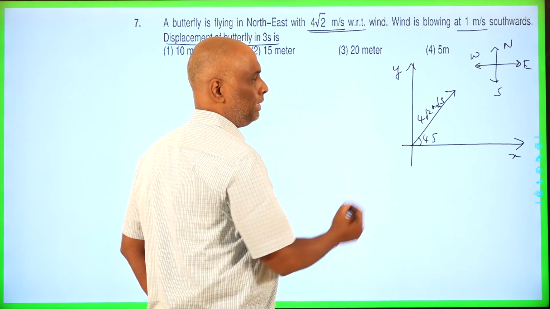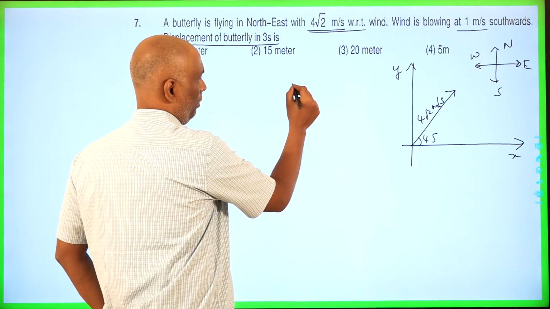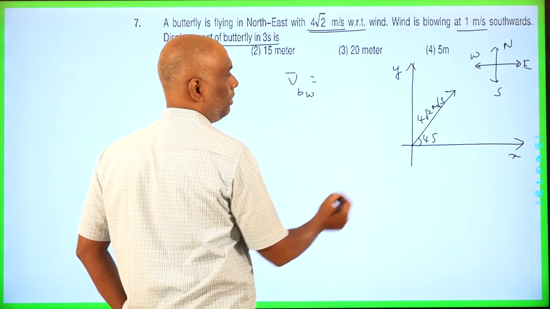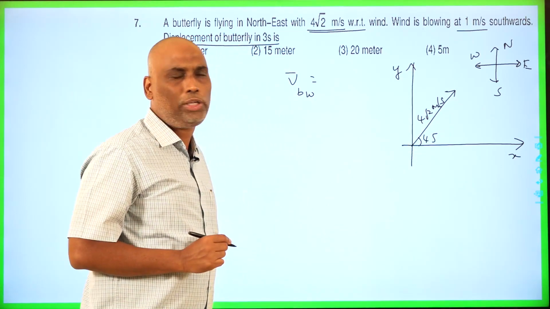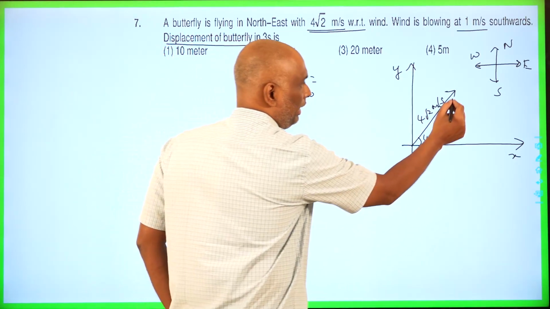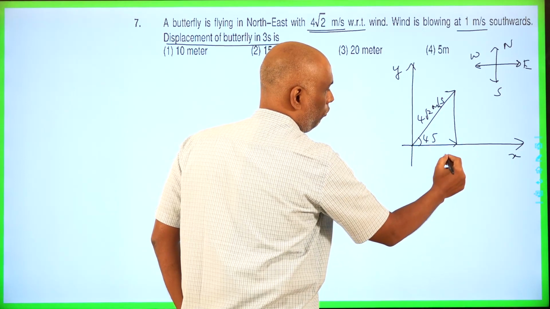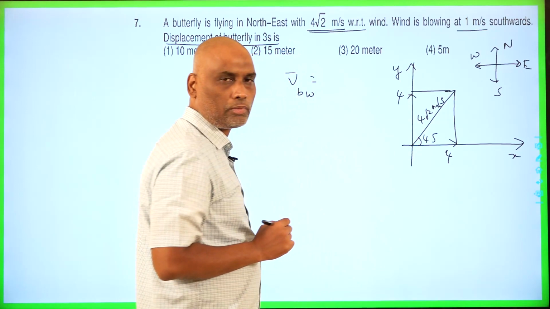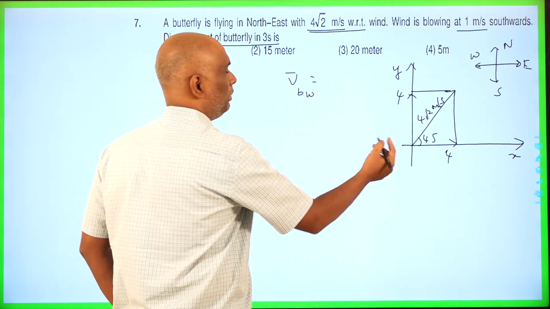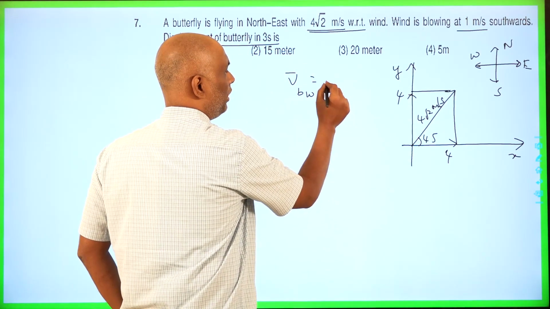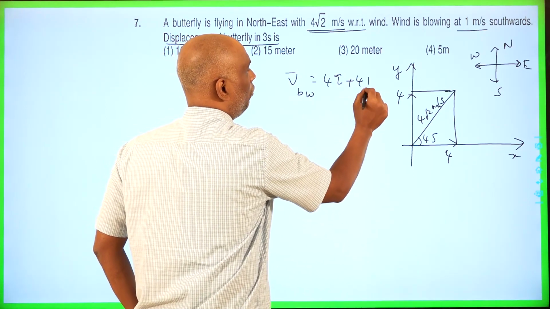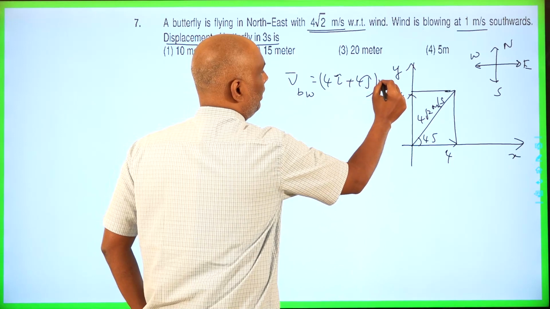So from this diagram, we can understand that resolving this 4√2 into components, the x component becomes equal to 4 and the y component is also equal to 4. So the velocity of the butterfly with respect to wind is 4 i cap plus 4 j cap meter per second.